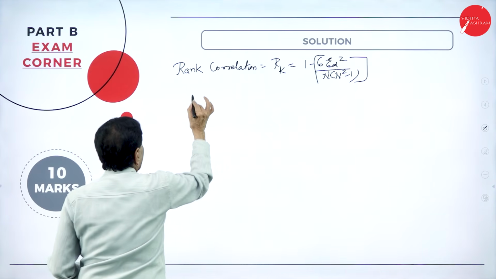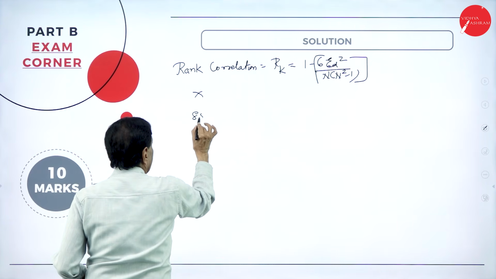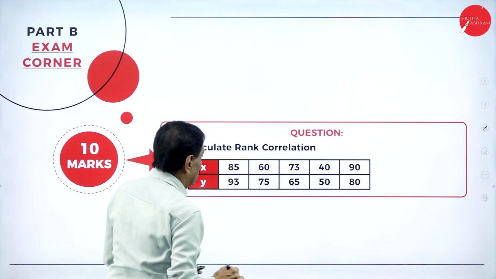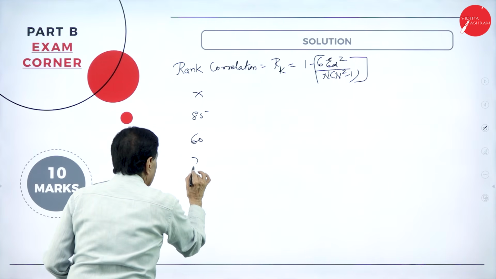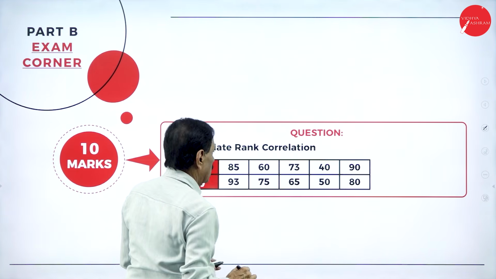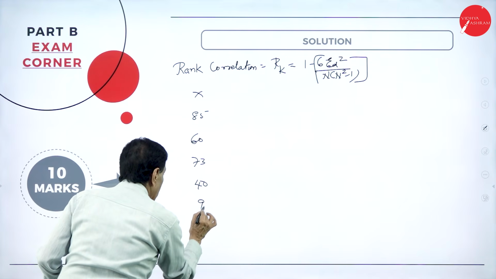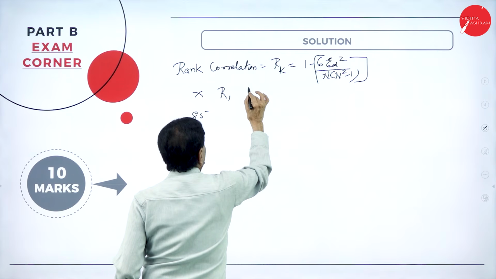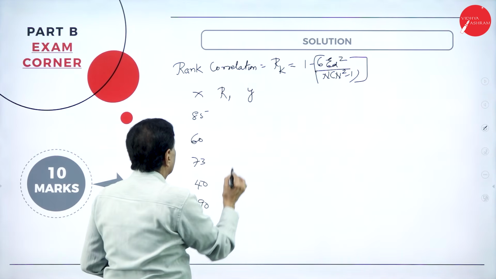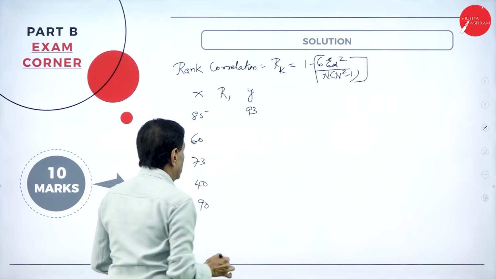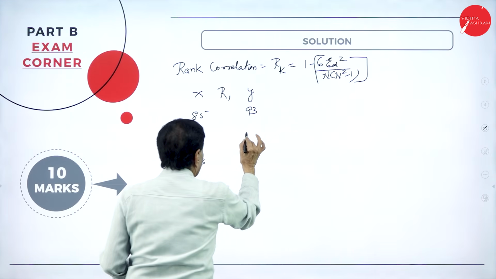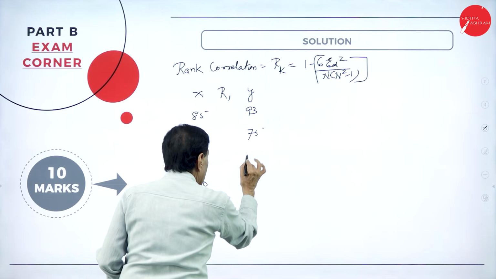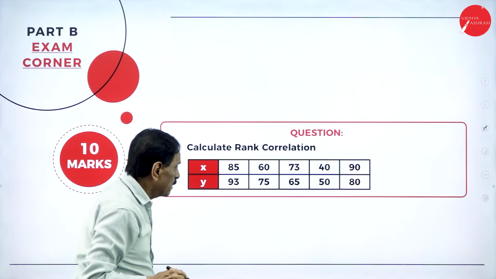X values: 85, 60, 73, 40, 90, with ranks R1. Y values: 93, 80, 75, 65, 50, with ranks R2.